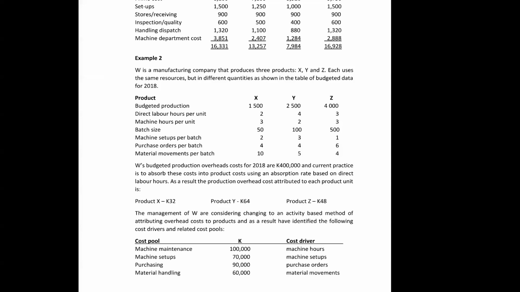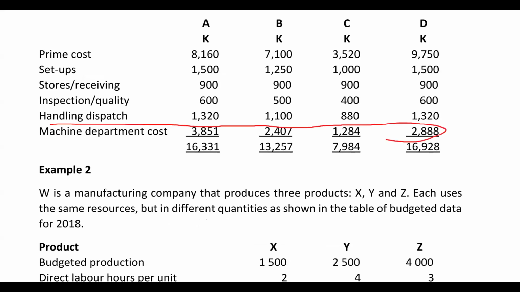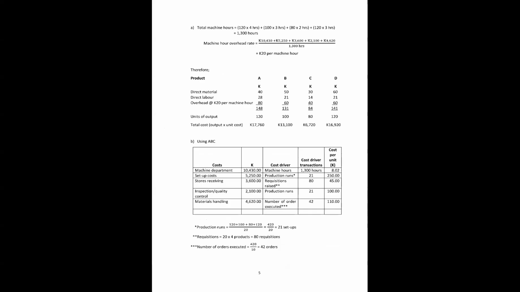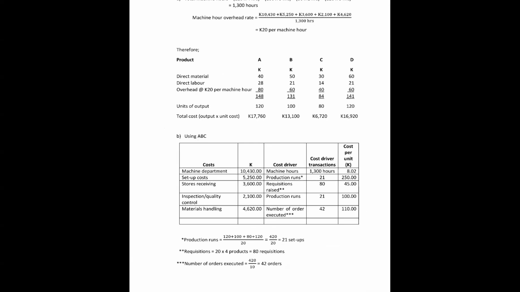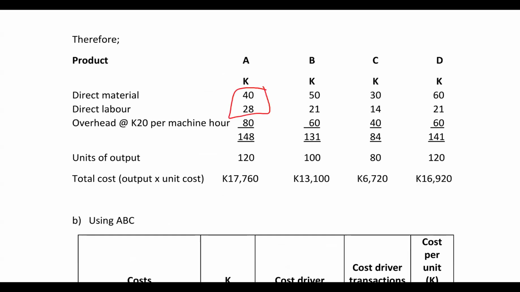And then maybe let me remind you again one more time before we have to find the total cost. How were the prime costs found? The prime costs are all direct costs added together. So in short, you just add direct material plus direct labor. For A, for example, you say 40 plus 28, that's 68 per unit, times the number of units, they are 120.